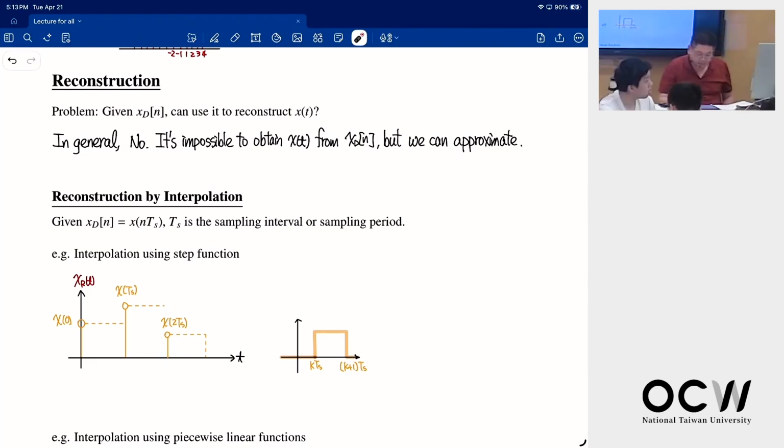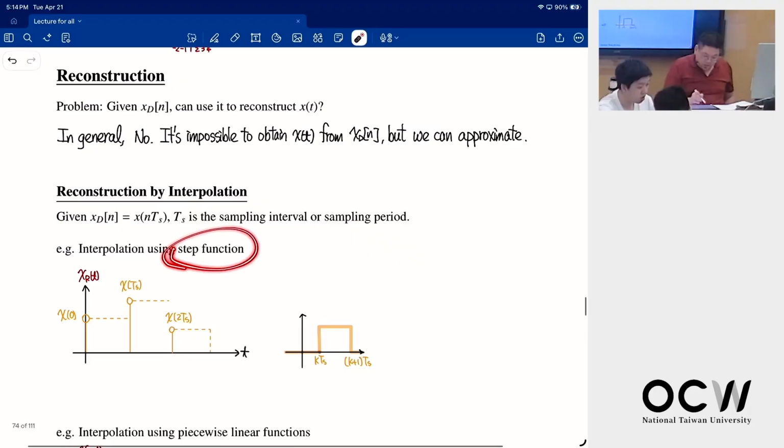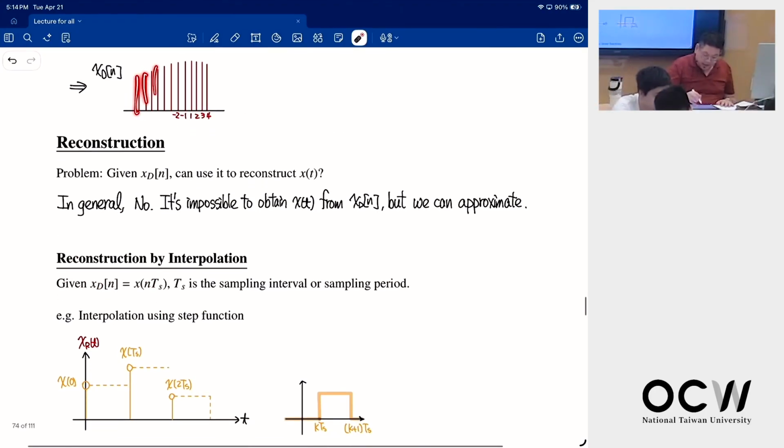So given this sampled at Ts, Ts is the sampling interval, or we call that the sampling period. We can use a step function to reconstruct the original signal, which means that I have those stems, right? Suppose those stems are here.